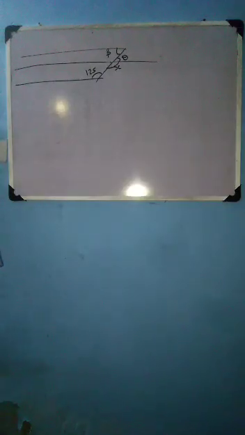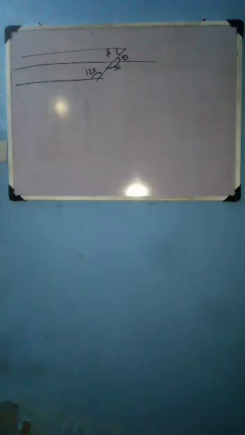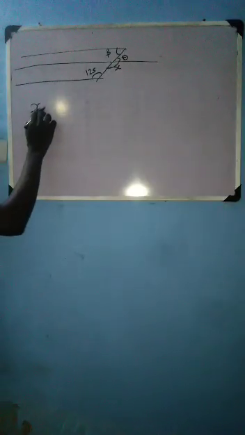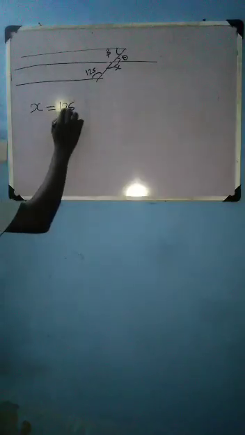Angles in opposite directions, not the same direction, are referred to as alternate angles. Alternate angles are angles of opposite direction. So we say angle x is equal to 125 degrees. Why? Alternate angles. And they are equal. So x is equal to 125 degrees.